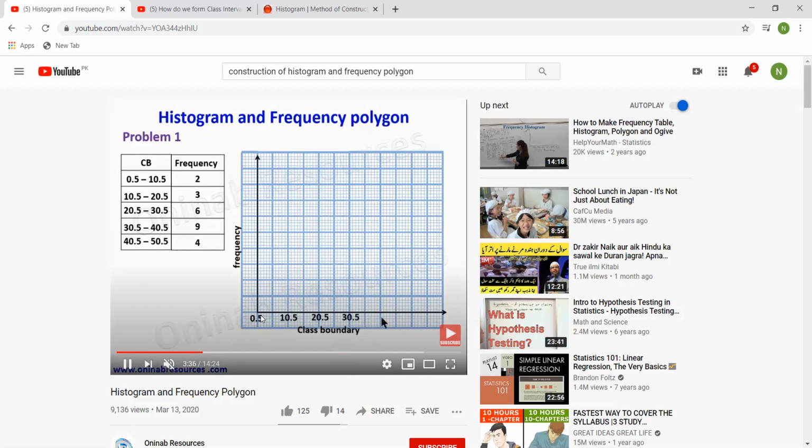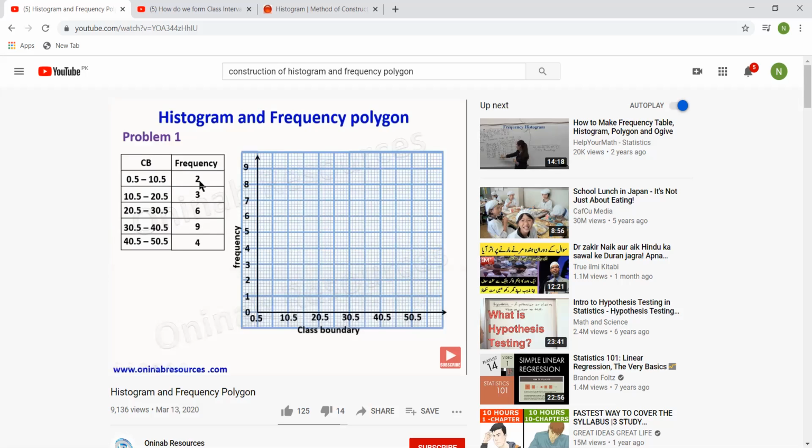In this video we start from 0.5, and you can leave the first 5 squares, and start from here, 0.5 and 10.5. This is the most suitable value, but you can start the scale from this 0.5, leaving 5 small squares from 0 till this. The 0 is the common point, the origin.